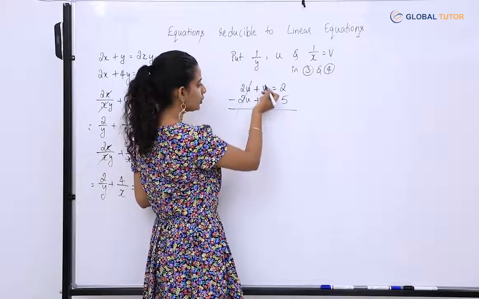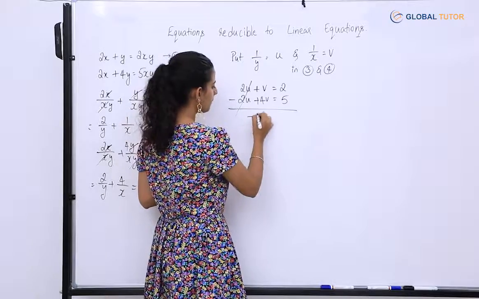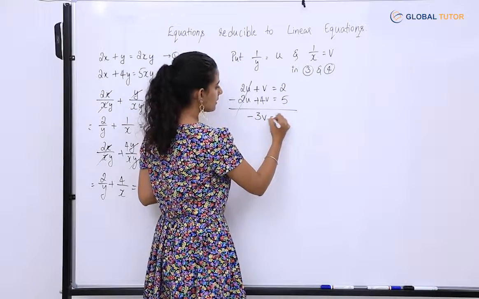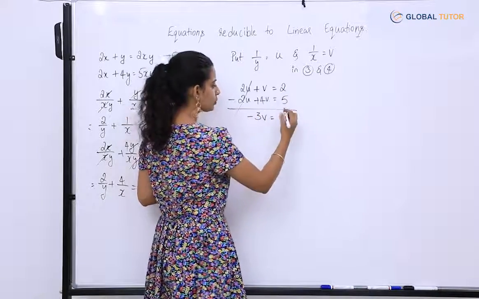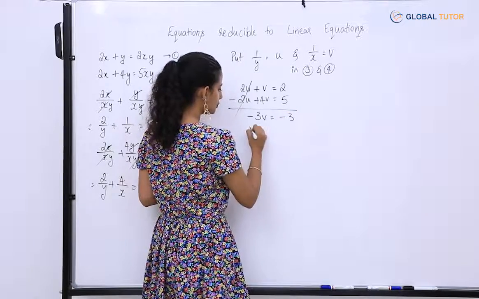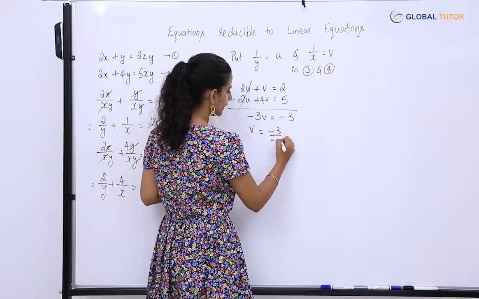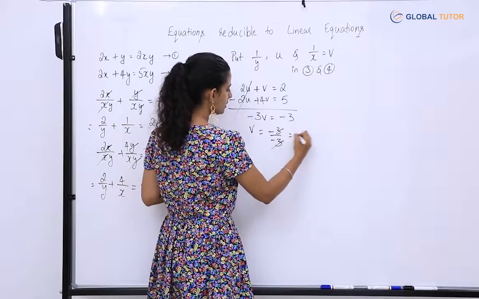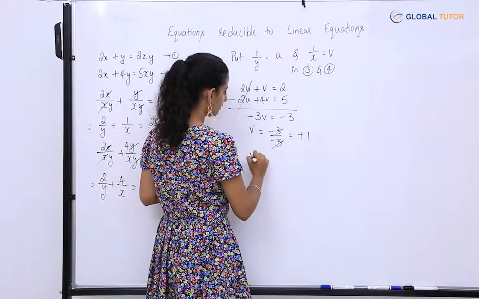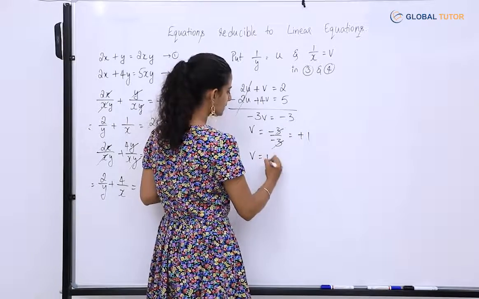So v is equal to minus 3 divided by minus 3, which is plus 1. So we got the value of v as 1.